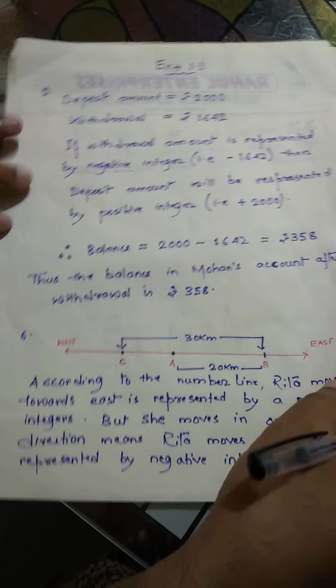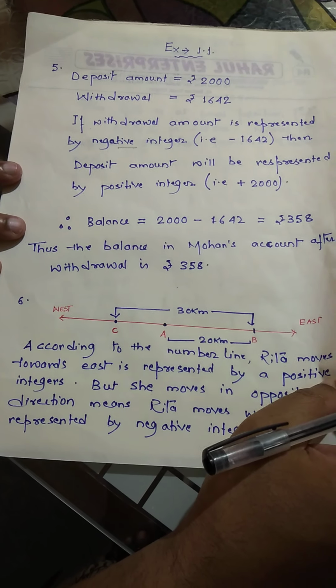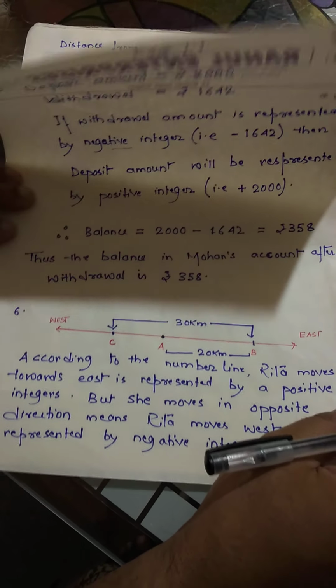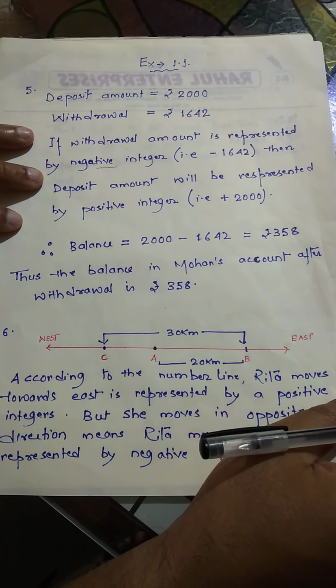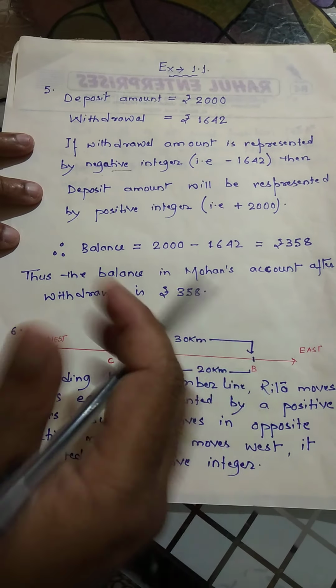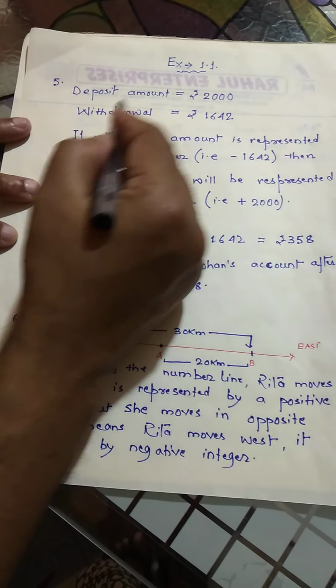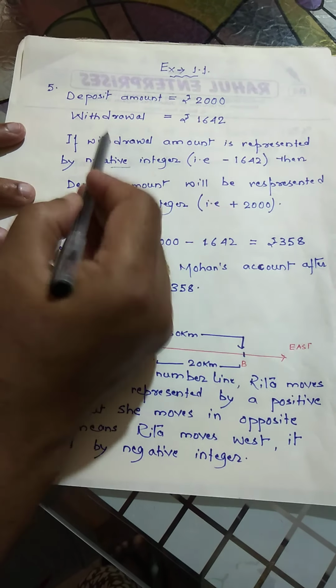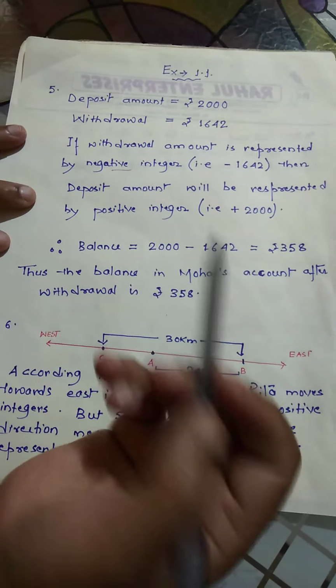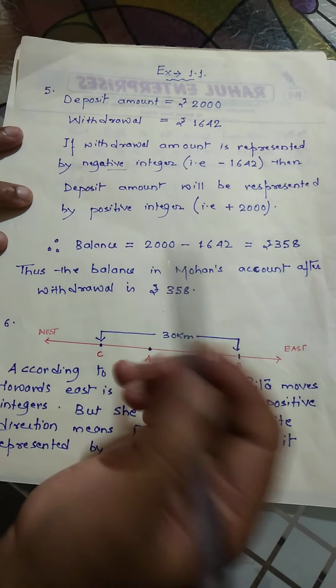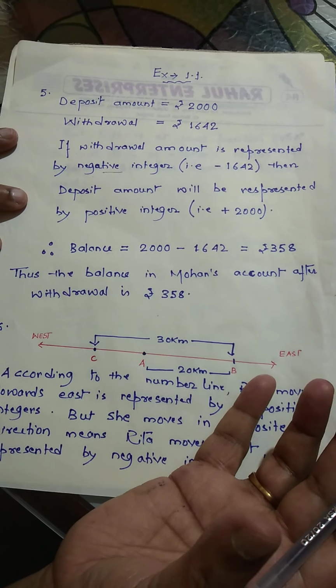Now, what is the final question they have asked? Find the balance in Mohan's account after the withdrawal. How much money did he deposit at first? 2000 rupees. How much money did he withdraw, that is, take out? 1642. So after the withdrawal, what would the balance be?